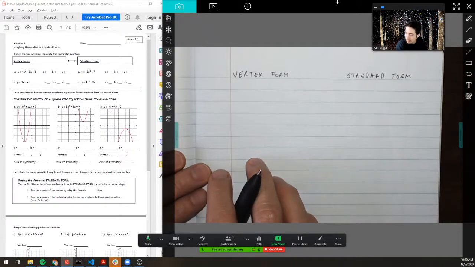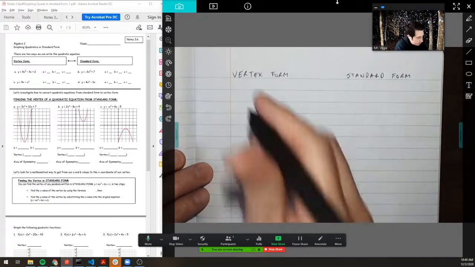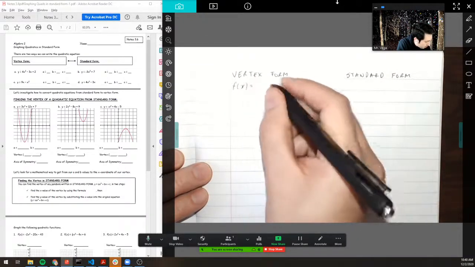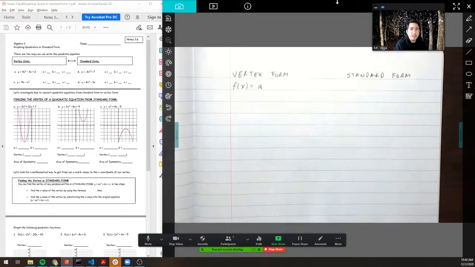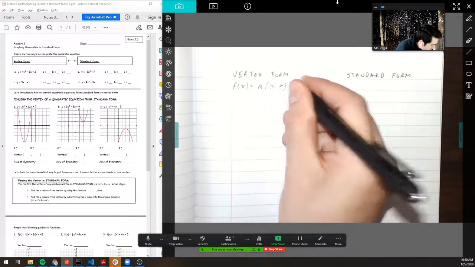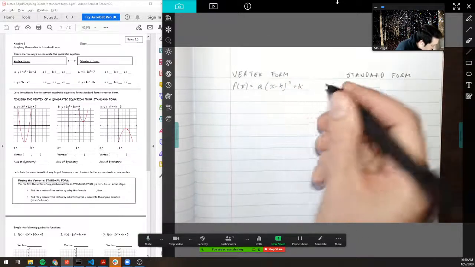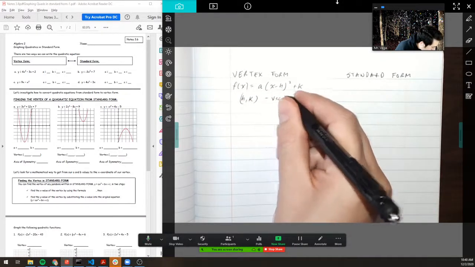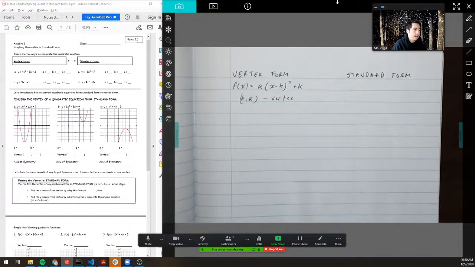Vertex form is going to be f of x equals a, remember a was the thing that makes our graph either wide or narrow, or open up or down, times (x minus h) squared plus k, where (h, k) is the vertex. That's vertex form. That's why vertex form is great, because you can tell the vertex immediately.